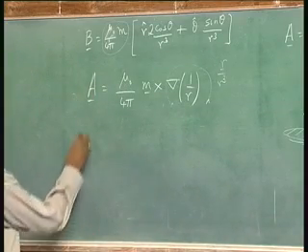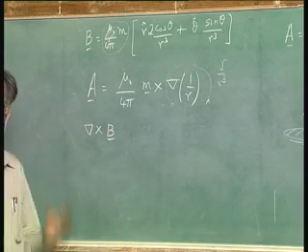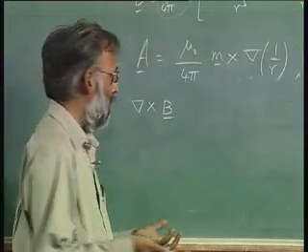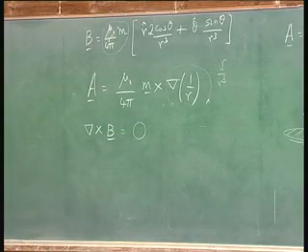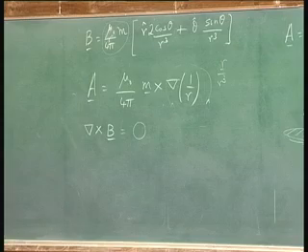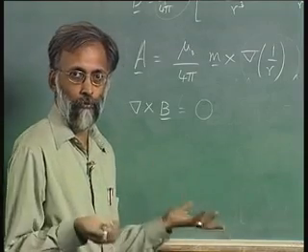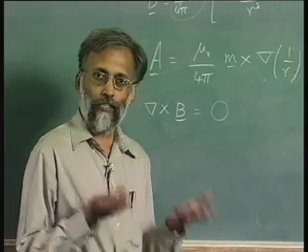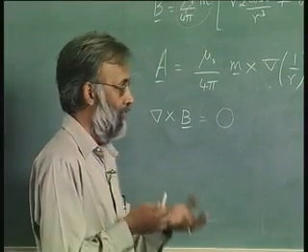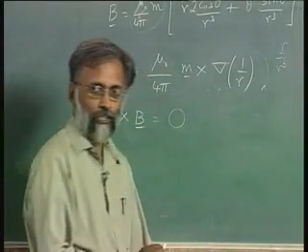If you take the curl of the magnetic field due to a loop far away, that curl is 0. Now, why is this important? Supposing I take any general current distribution, I know that I am looking at divergence J equal to 0, which means the current must go somewhere. Current cannot just vanish.